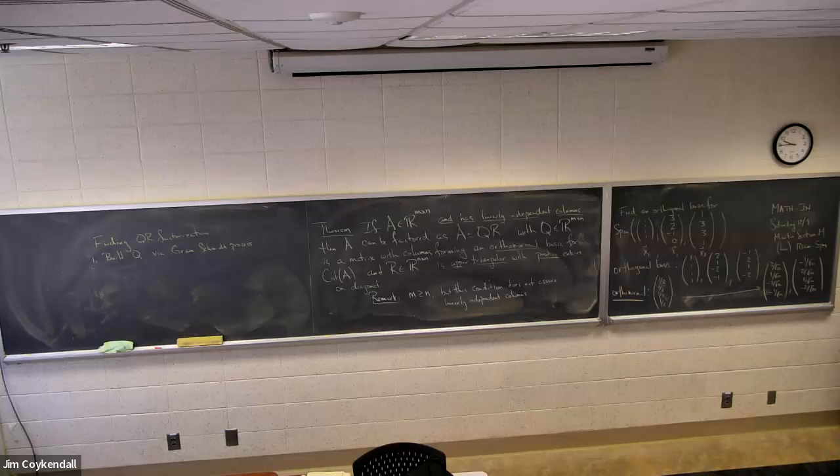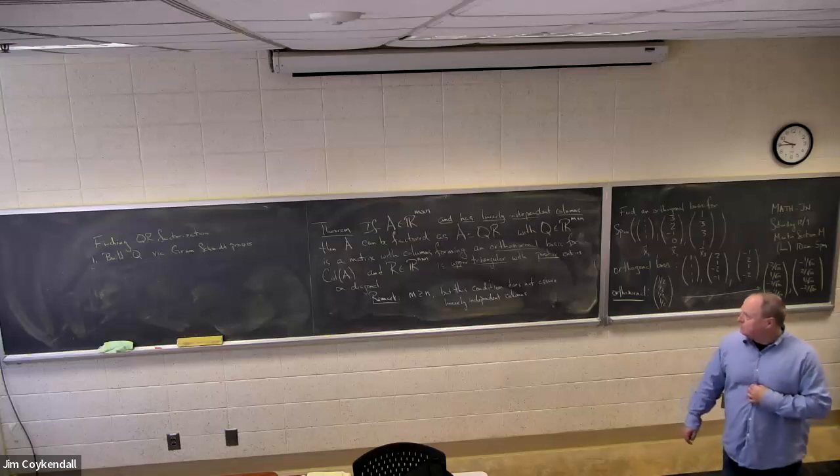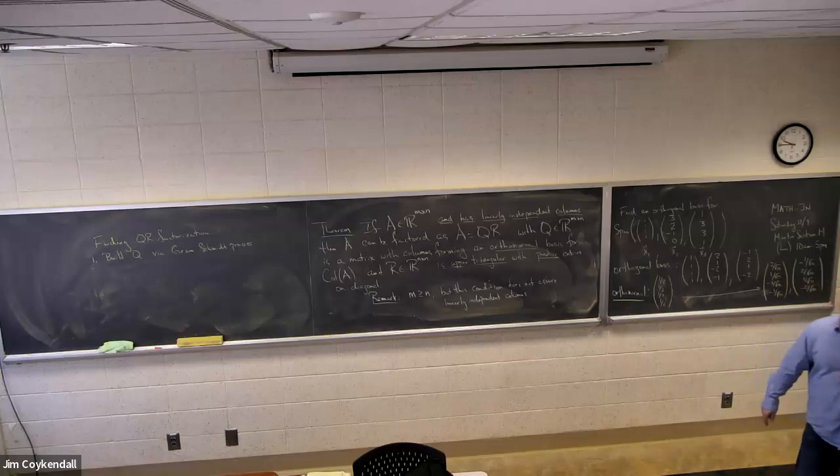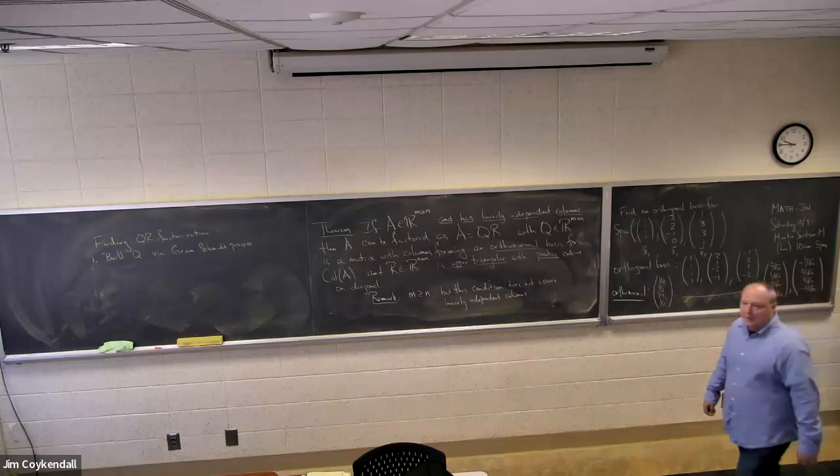But I demanded in the theorem that they be linearly independent, because if they're not, one of the columns is going to be a linear combination of the others, and the Gram-Schmidt process is eventually going to give you a zero vector. That's a good question though. So we build Q via the Gram-Schmidt process, assuming that the columns are linearly independent.